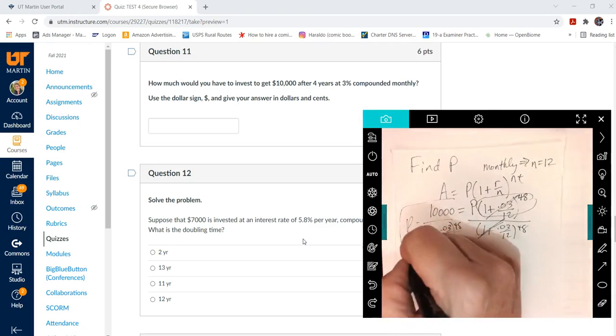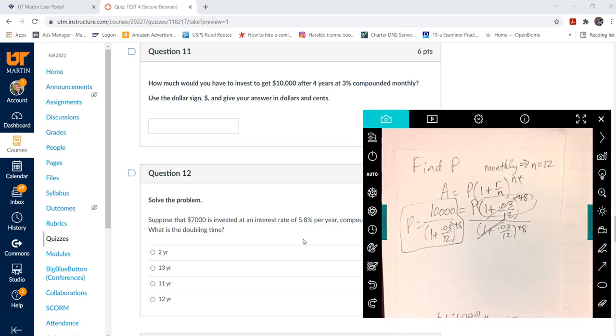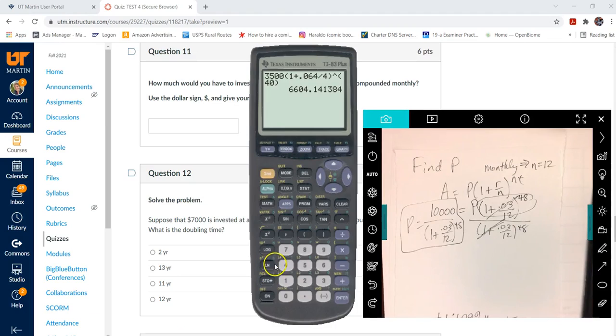So this is how much money I would need. And again, I want to give my money in dollars and cents. So I'm going to put that in my calculator, just as it is. So 10,000 divided by, in parentheses, 1 plus 0.03. Don't round until the very end. All to the power of 48.